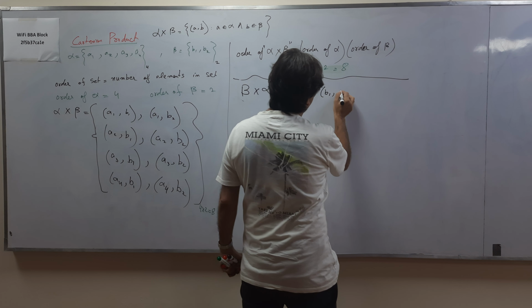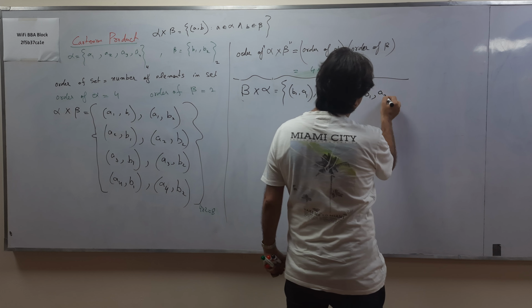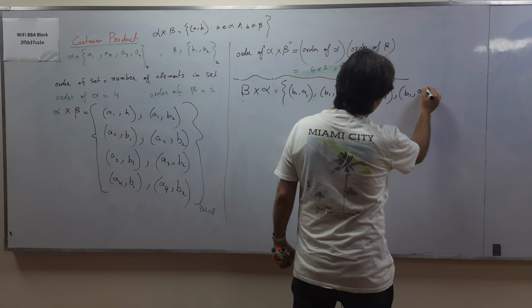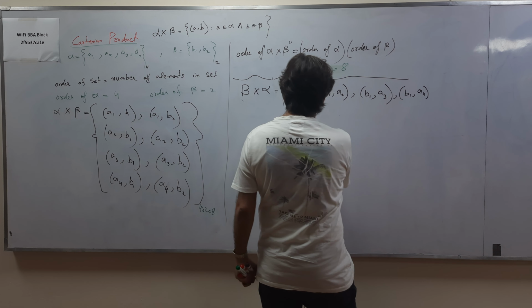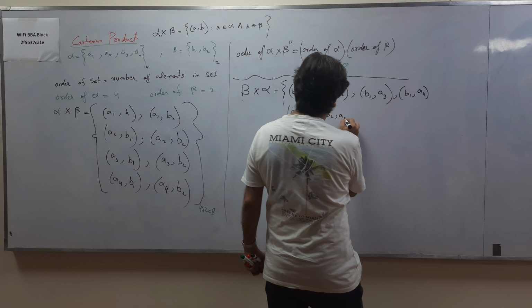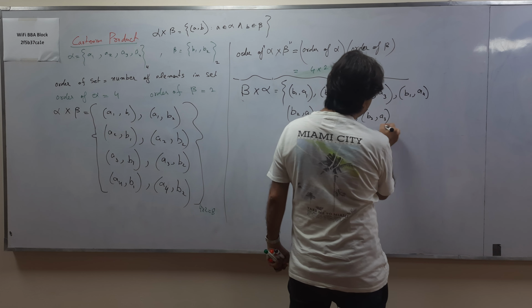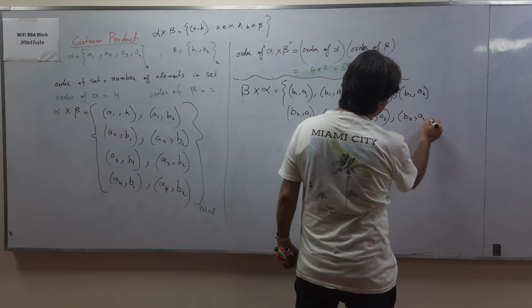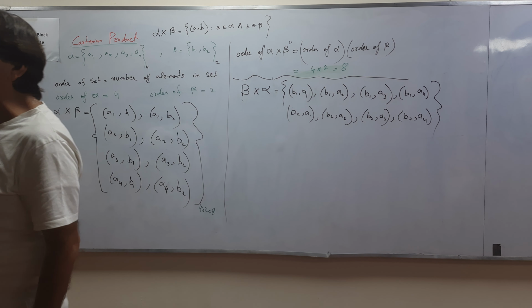B1, A2, B1, A3, B1, A4. Okay. B2, A1, B2, A2, B2, A3, B2, A4. So these will be the elements of beta cross alpha.